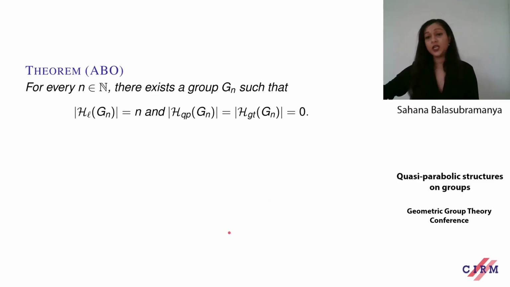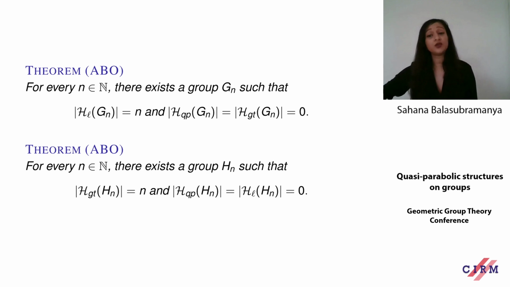So it turns out that we can construct groups Gn, which have as many lineal type structures as we want, but they have absolutely no quasi-parabolic or general type actions on hyperbolic spaces. And we can do the same for general type structures. We can create groups Hn that have exactly n general type structures, but no quasi-parabolic or lineal structures.